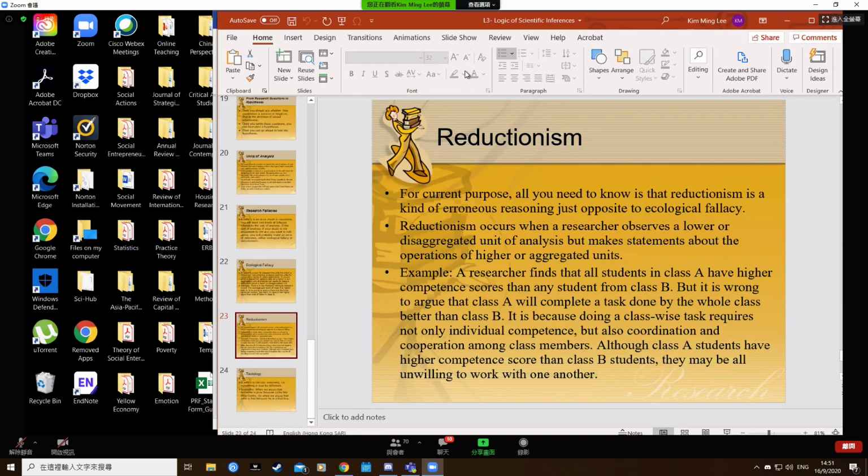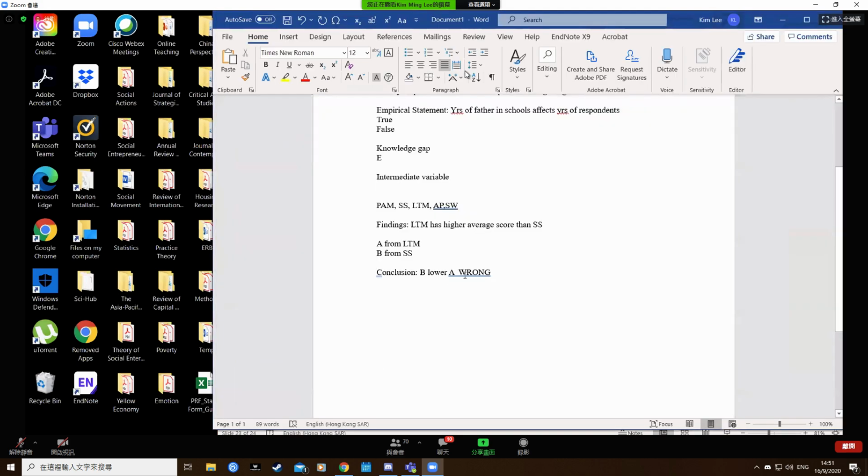In this case, we examine some individuals, say B and A. For example, we find that B has a high score in social research, and A has a low score in LTM. And we conclude that SS should perform better than LTM. So this is the other way around. This is a kind of reductionism, the opposite of ecological fallacy. That means we cannot mix up units of analysis, different levels.